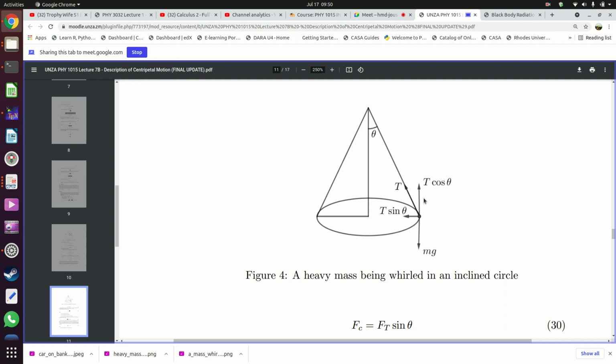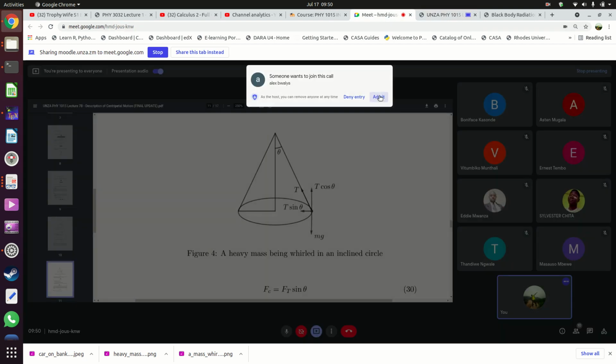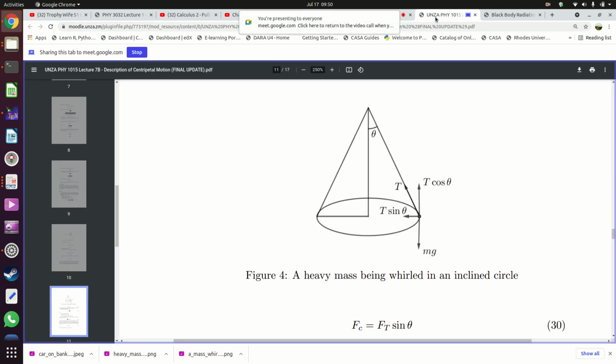T cos theta is pulling the mass up, while mg, the weight of this object, is pulling the mass down. So the tension in the rope has two components: a vertical component, T cos theta, and a horizontal component, T sine theta, which is this side here.